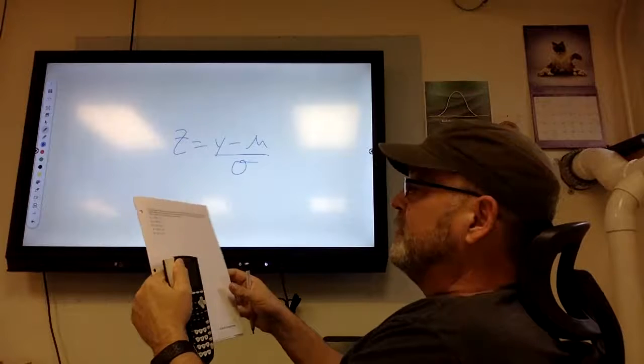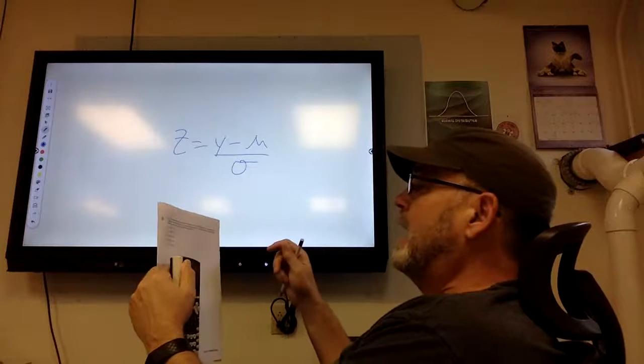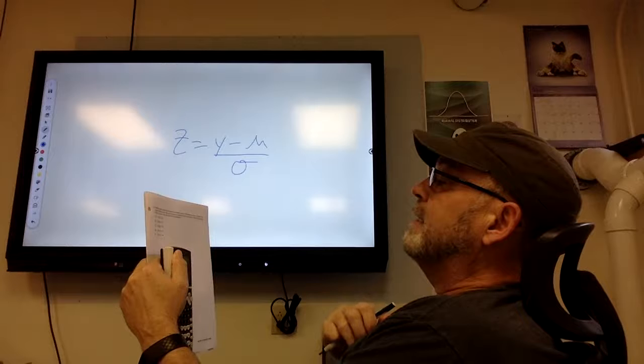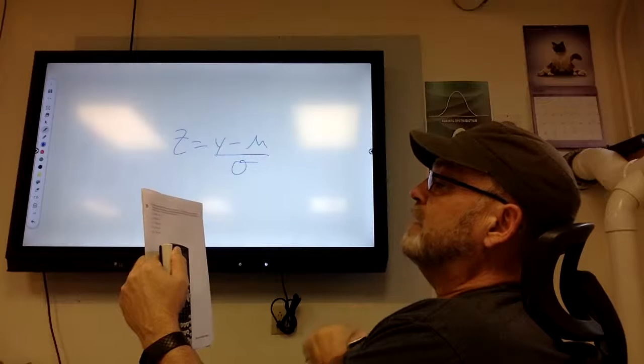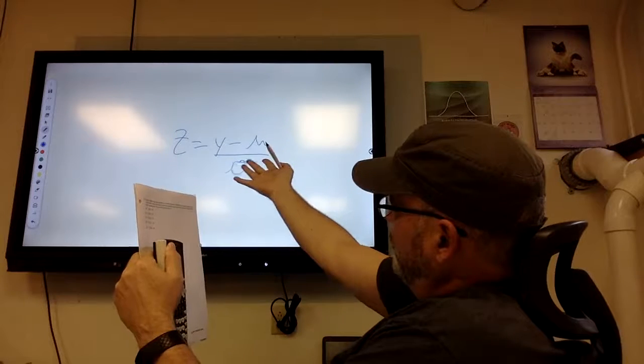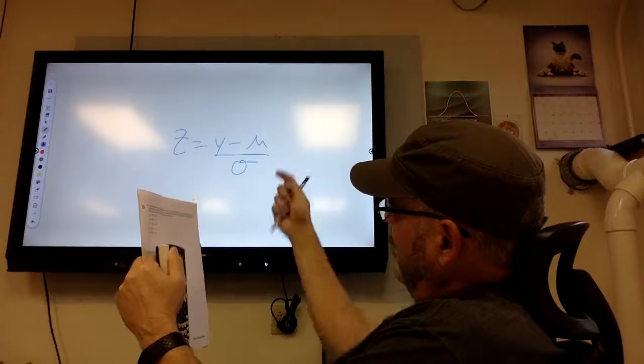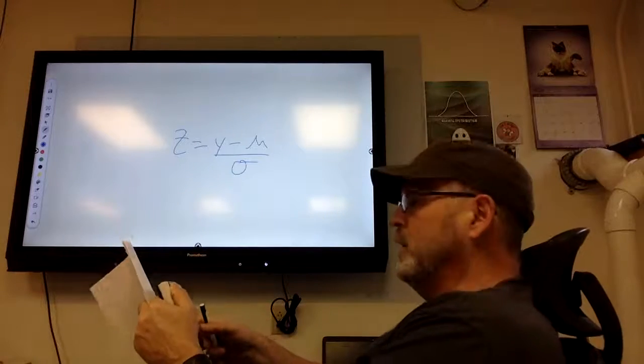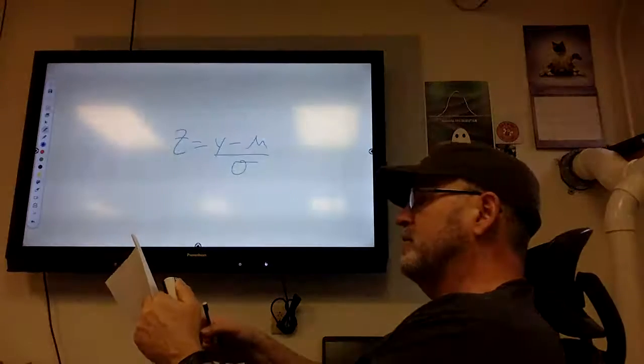Boom. Announcements over, back at it. In this problem, I think the key is the 75th percentile. Obviously, there's no percentile rank up there with the formula, but we know Z can be a percent. You can convert it.